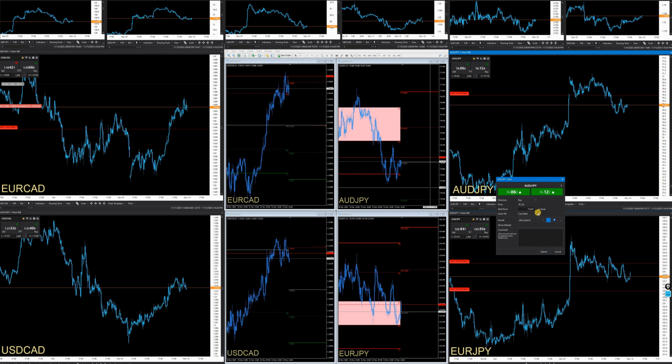Let me get rid of this guy and bring him down here. Okay. I have my pending order in, and if we drop below this central pivot point where I have my alert right down here, it will invalidate that setup if it doesn't trigger.